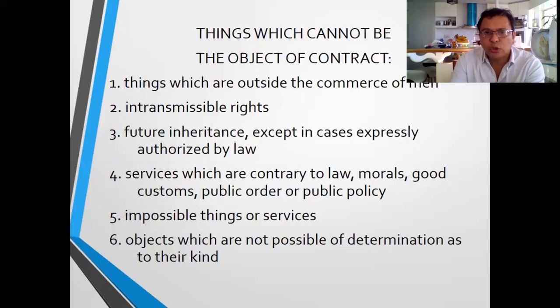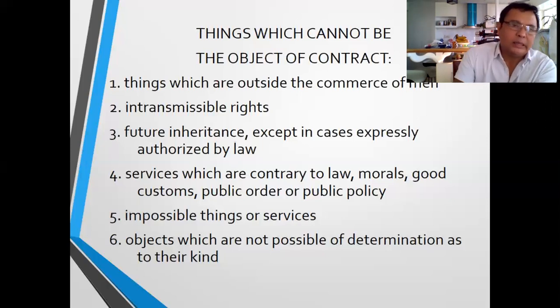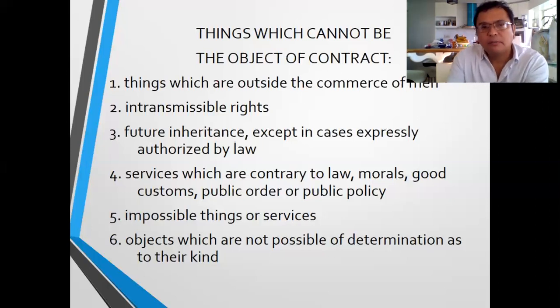Number three, future inheritance, except in cases expressly authorized by law. So if a son whose parents are still alive would sell his future inheritance, that sale is invalid. Number four, services which are contrary to law, morals, good customs, public order, and so on and so forth.